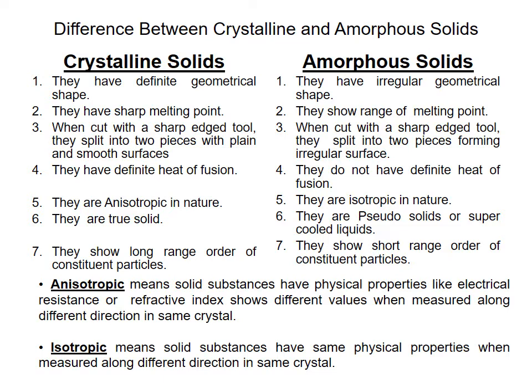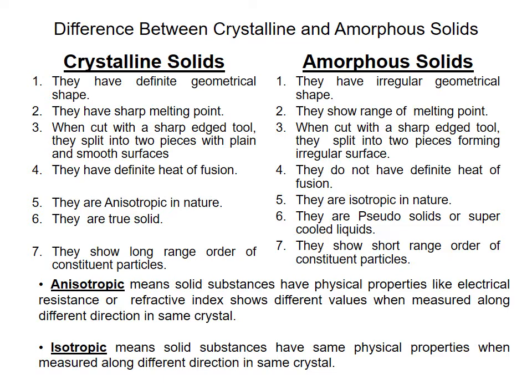Whereas if we take amorphous solids like glass, then they are having a range of melting point. That means all their molecules are not going to melt at the same temperature. As I already told, take the example of glass. Glass has a melting range of 1400 degrees Celsius to 1600 degrees Celsius.